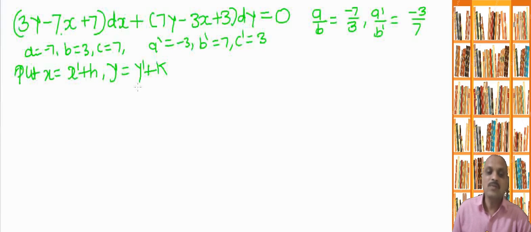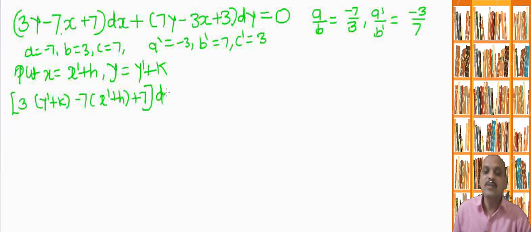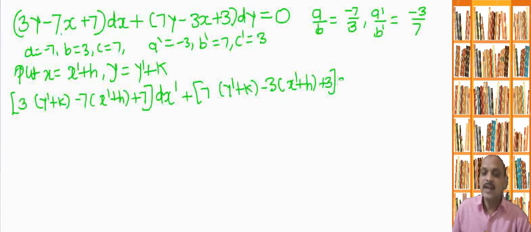Let us put now here (3(y' + k) − 7(x' + h) + 7) dx' + (7(y' + k) − 3(x' + h) + 3) dy' = 0.